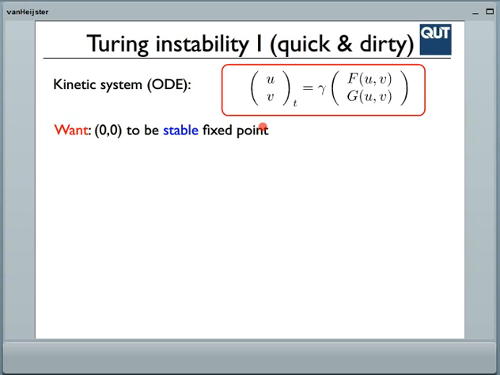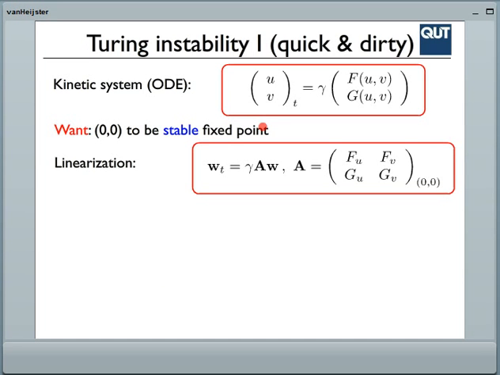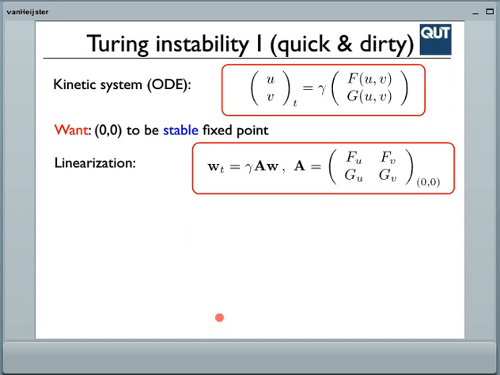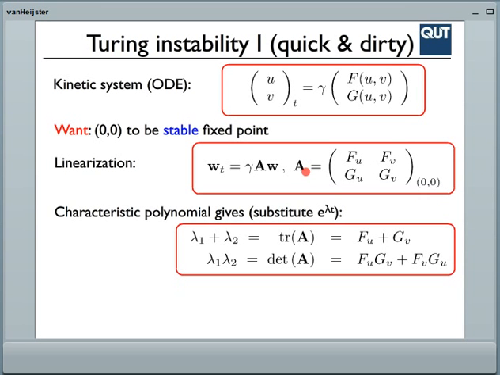So what do we do? We go linear, right? We determine the Jacobian, which I denote by capital A. Then we determine the characteristic polynomial and the eigenvalues.